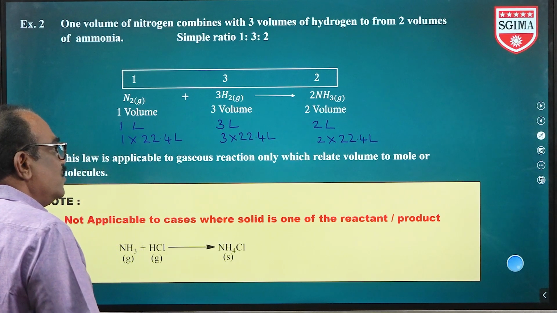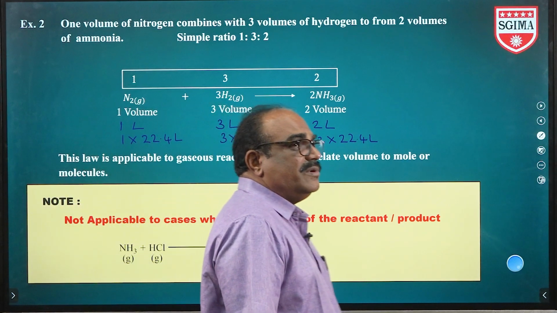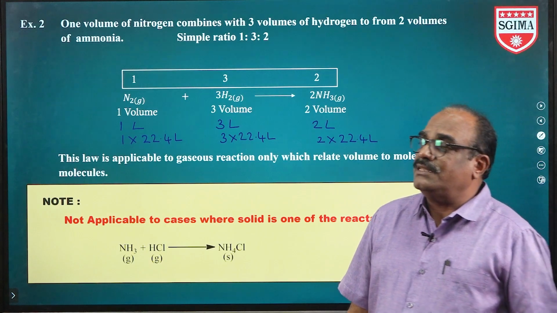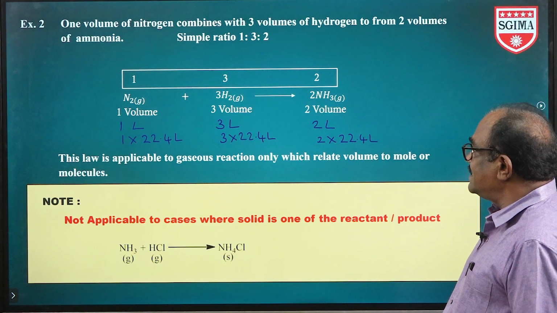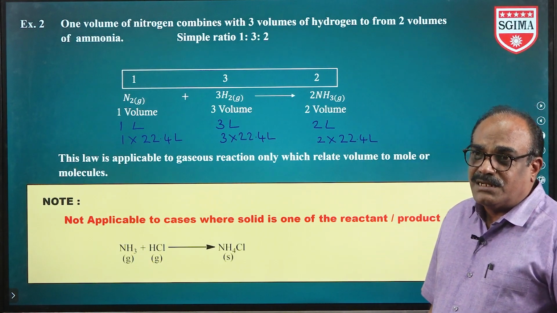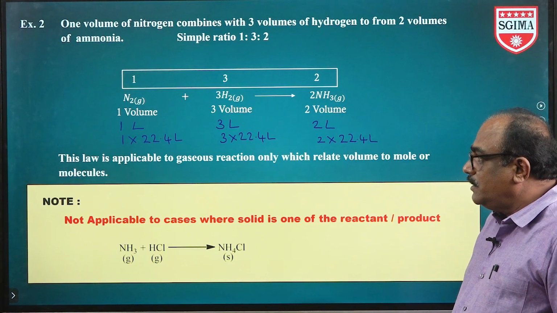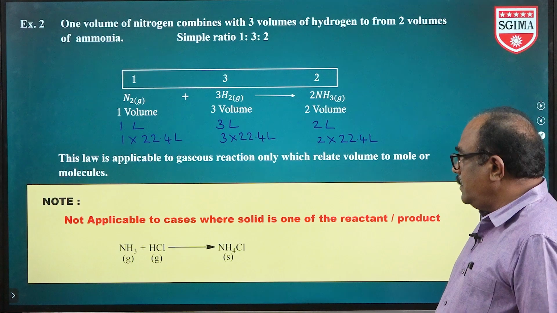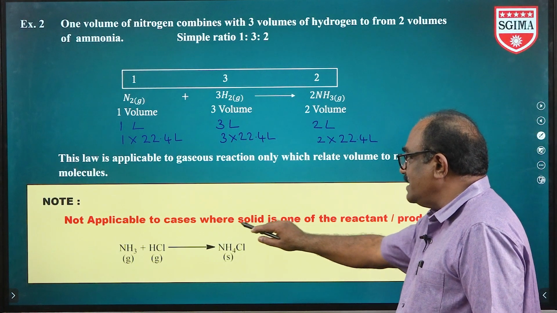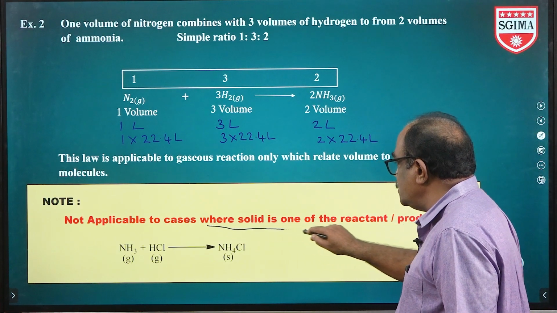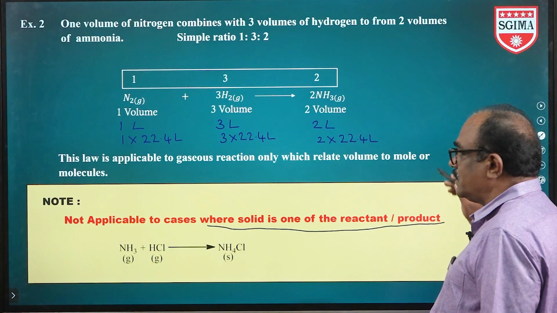But while applying this rule, you need to be very careful. As I told you, the volumes are to be measured under the same conditions of temperature and pressure, and this is also applicable to gaseous reactions only, because volume measurements are made. Not applicable to cases where a solid is one of the reactants or products.